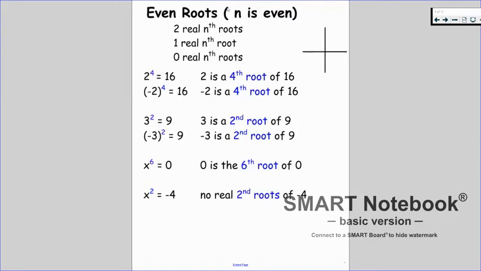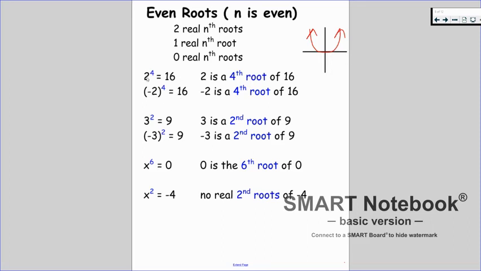All right, so even roots: when n is even, we just talked about our graph before, so it's going to be that shape. If I have a positive number, I would have two answers.